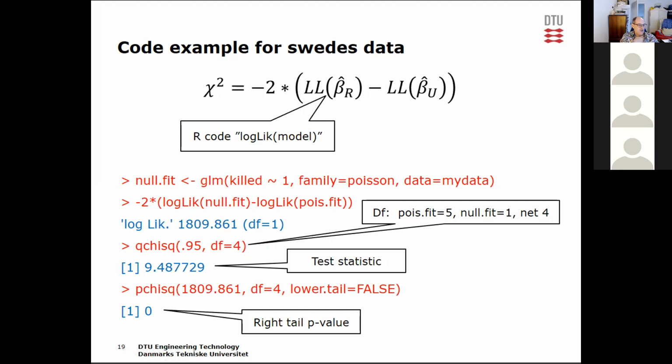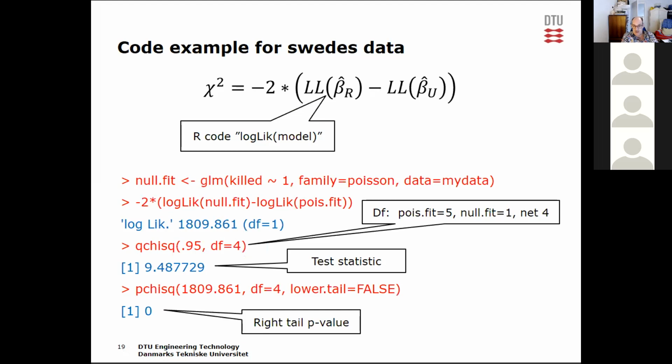You type in chi-square at the 95% boundary, and how many degrees of freedom. The degrees of freedom is going to be the difference in the number of degrees of freedom between the unrestricted and the restricted model.